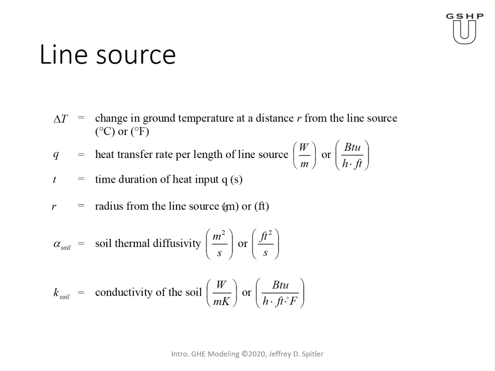The radius would be in meters or in feet. The soil thermal diffusivity is in meters squared per second, or, and I say feet squared per second, but all of this has to be consistent here, so you might want to make that feet squared per hour. And the conductivity of soil is typically given as watts per meter-kelvin or BTUs per hour per foot degree Fahrenheit.